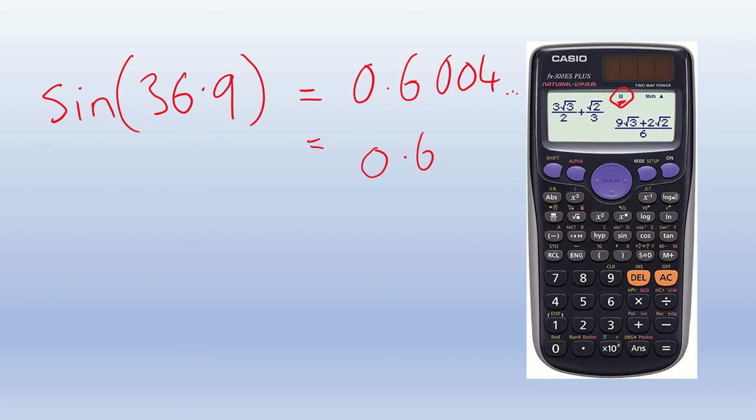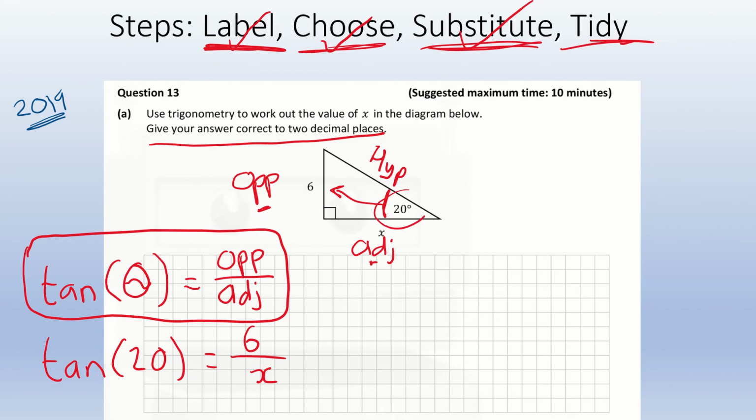That means your calculator is working in, apologies, not decimals, degrees. This means your calculator is working in degrees, which is what you want, because in your question it was 20 degrees.